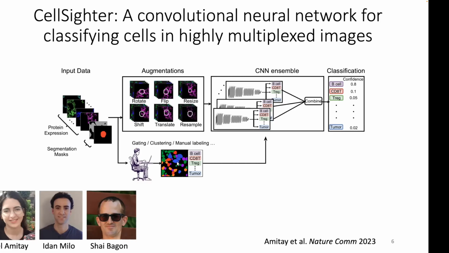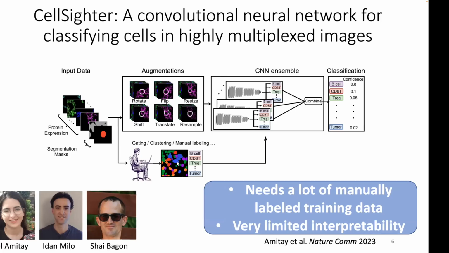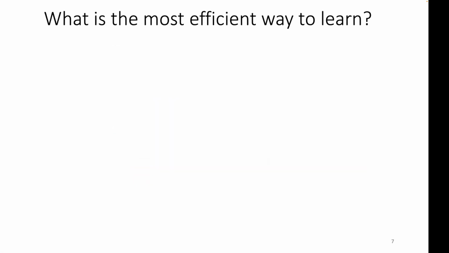And what we learned is that this really requires a lot of manually labeled training data, and it has very limited interpretability when we want to see what went wrong or why it went wrong in making certain classifications. So this wasn't really the most efficient for us.